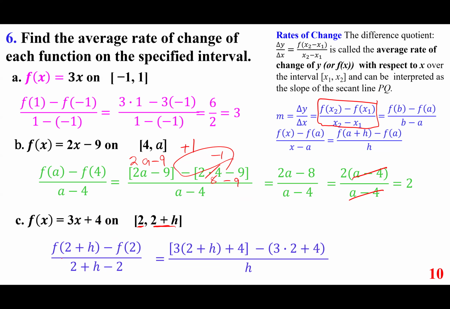So these two cancel each other, okay? Let's distribute.